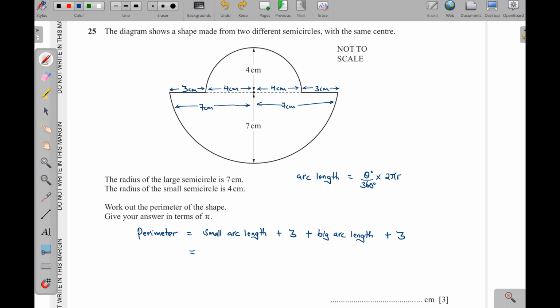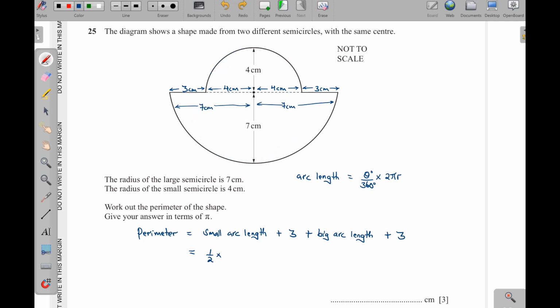But then here, this is half of a circle. So if I'm to take the angle, then it is going to be 180. You see that? Out of 360, which is the same as saying a half. Not so? A half. So instead of writing all of that, I will say a half of the circumference of this circle.